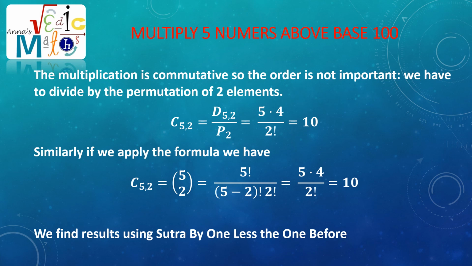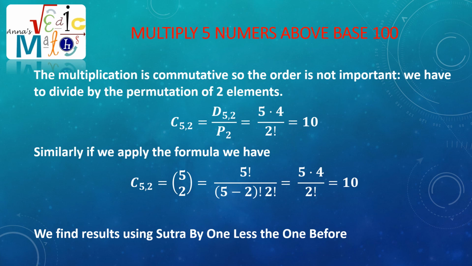Similarly, if we apply the formula we saw before, we have the combination of 5 elements taken 2 at a time is equal to 5 factorial divided by (5 minus 2) factorial by 2 factorial, equal 5 by 4 divided by 2 factorial, equal 10.